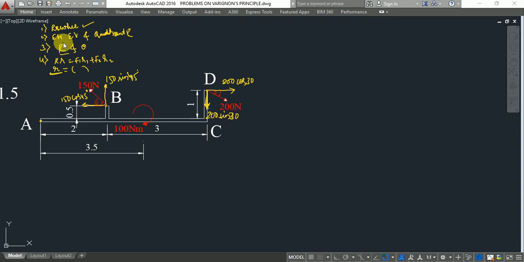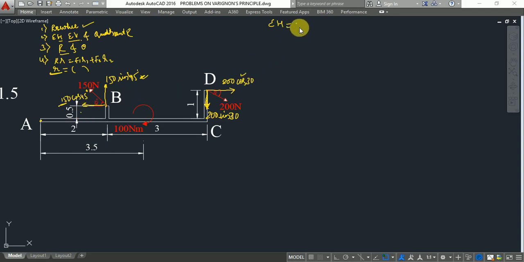Now calculate the summation of horizontal and the summation of vertical. So what are the horizontal forces? This is the horizontal force and this is the horizontal force. One force is acting in the left hand side direction, another force is acting in the right hand side direction.